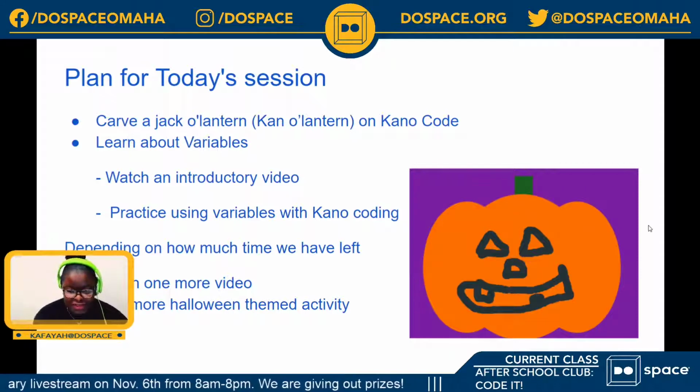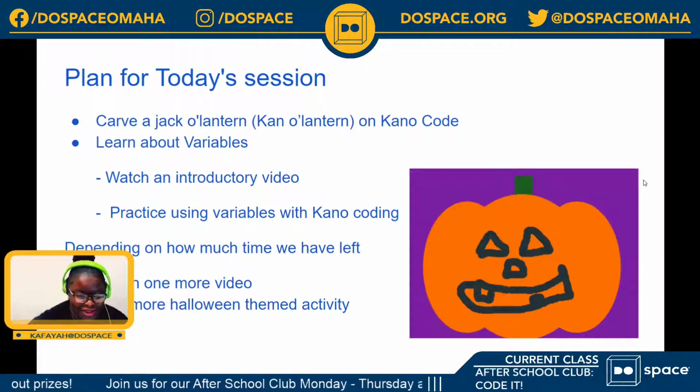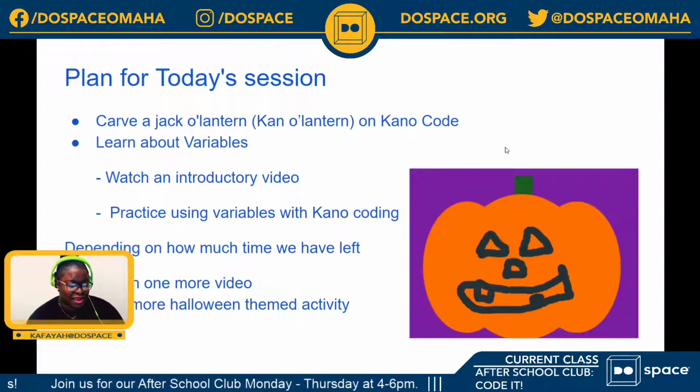So the plan for today's session is, first of all, in the spirit of Halloween. I know Halloween was last week, but we're here now, so why not? We're going to carve our own pumpkins or jack-o'-lanterns, or candle lanterns as they call it on Kano Code. After that, we're going to learn about variables. There's an awesome introductory video that gives us an overview of how variables work, and someone actually practices what they're telling us about on Kano Code.